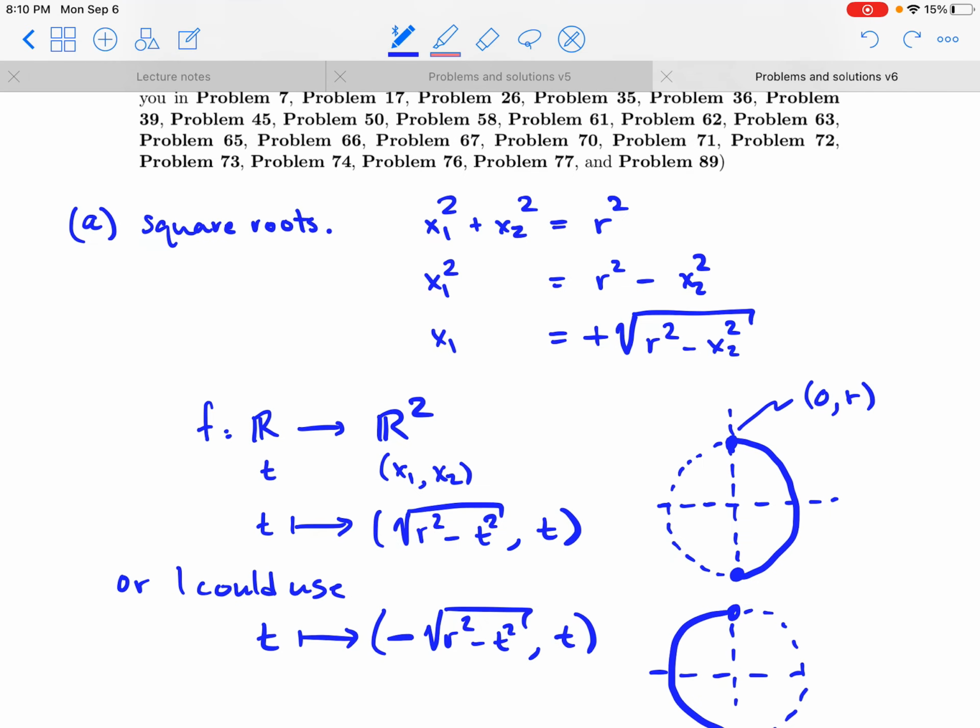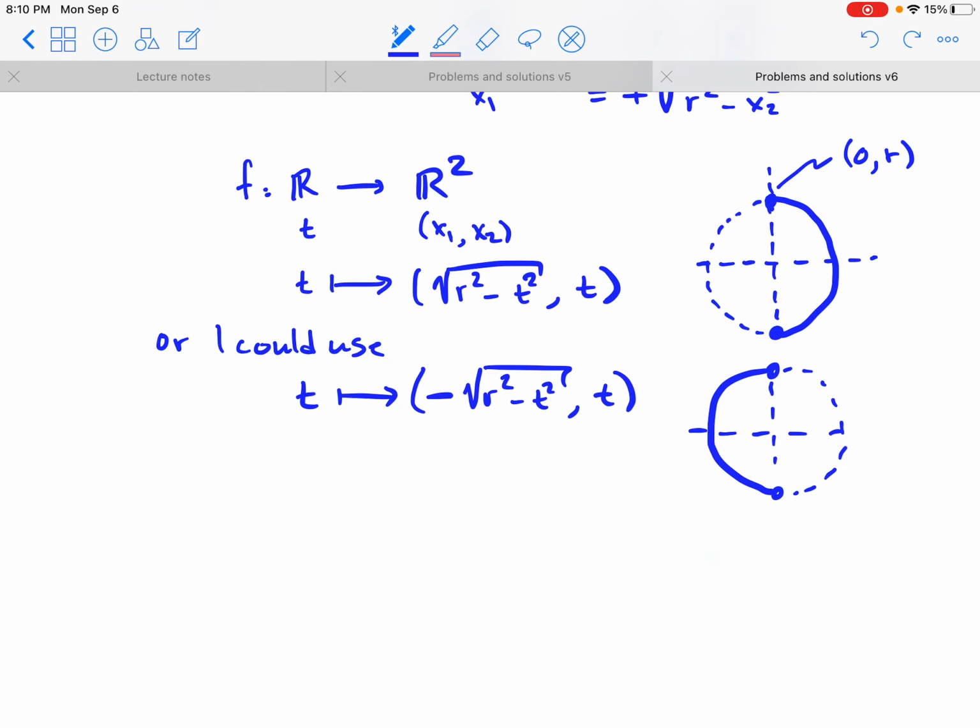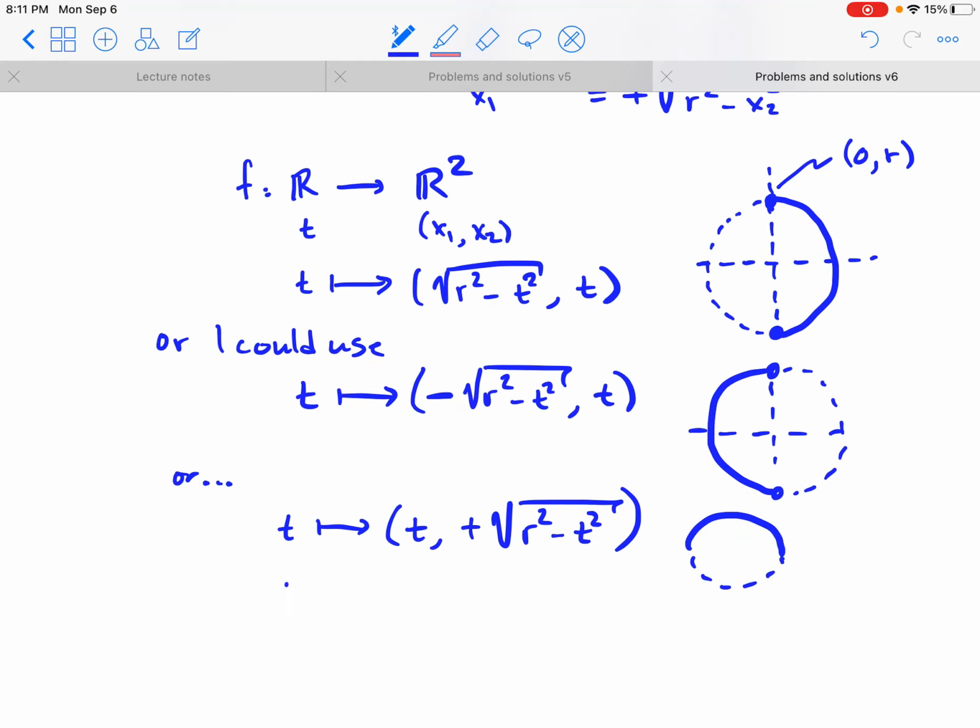I also could instead have solved for x2 and done the entire thing, and then chosen the horizontal axis as my parameter t, and then chosen the positive square root, and this would give the upper half.